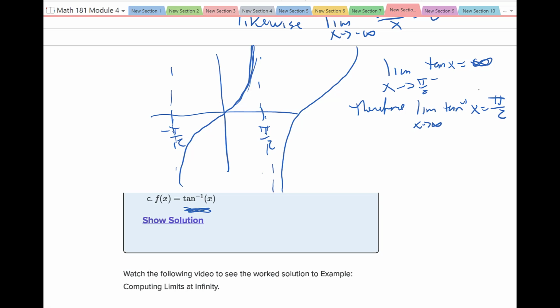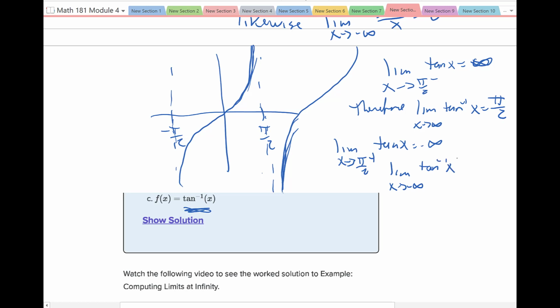Okay, now let's think about this. The limit as x approaches pi over 2 from the right side, so this side over here, of tangent of x is going to be negative infinity. So we can look at the limit as x approaches negative infinity of the inverse function, tangent inverse of x.